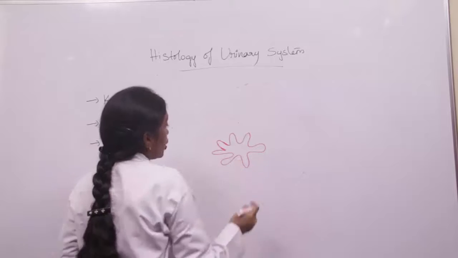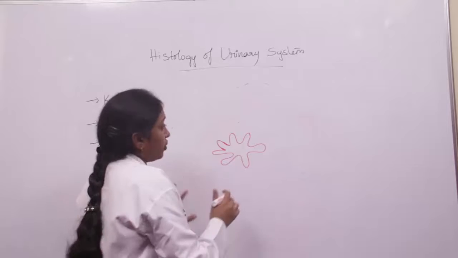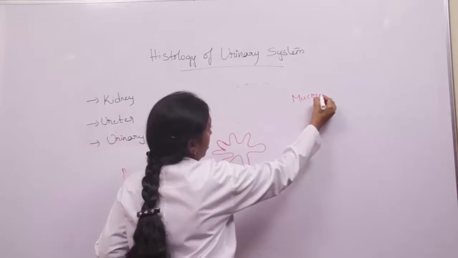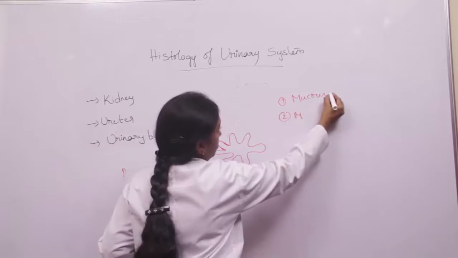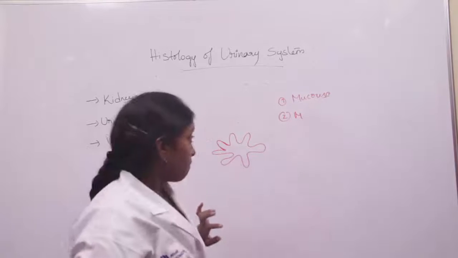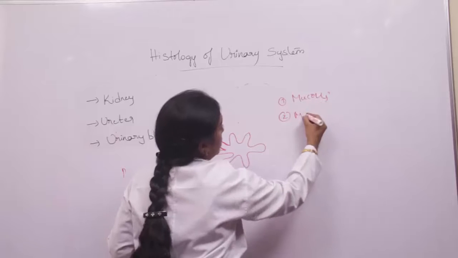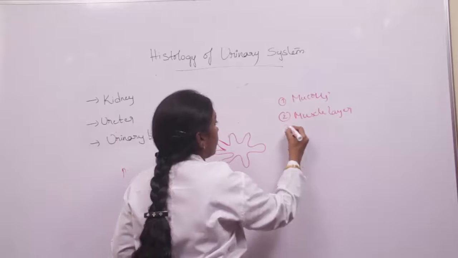That's why a star-shaped lumen is seen in the ureter, and it consists of 3 layers from inside out: mucosa, muscle layer, and fibrous layer.